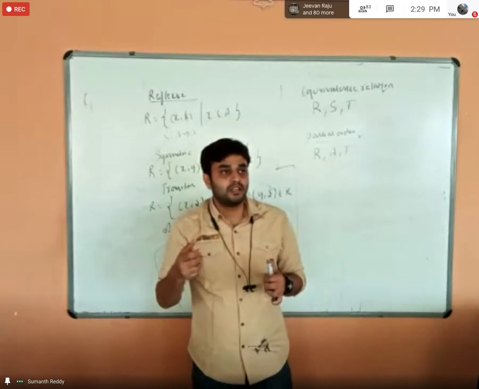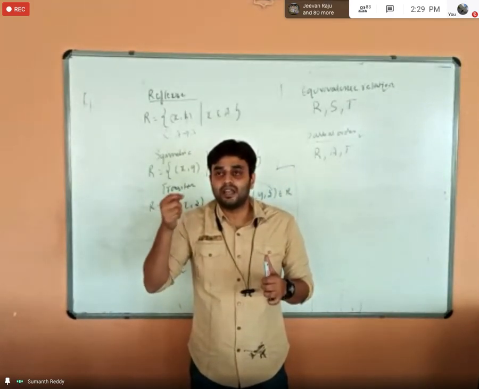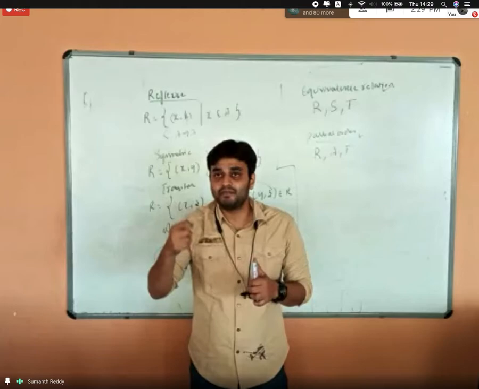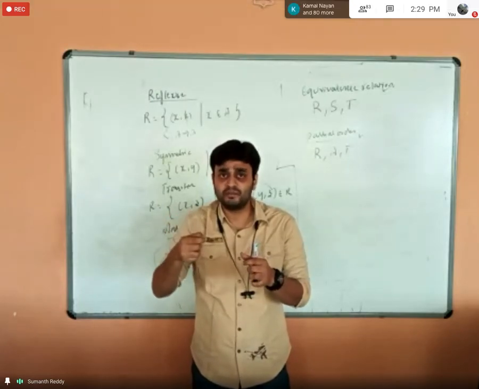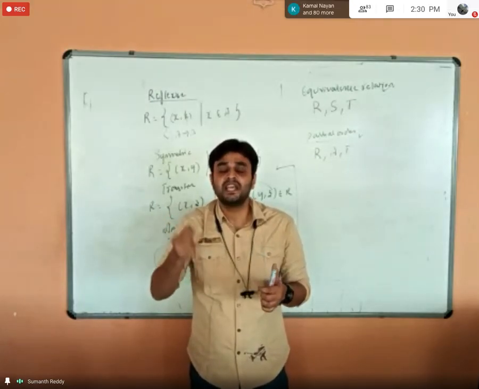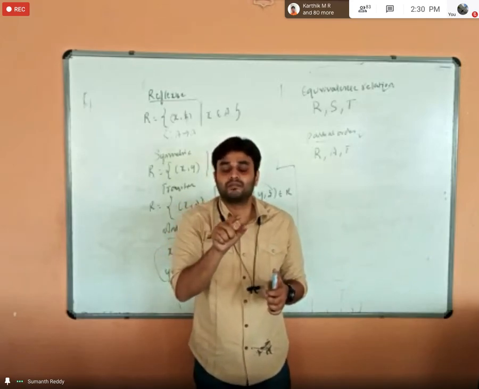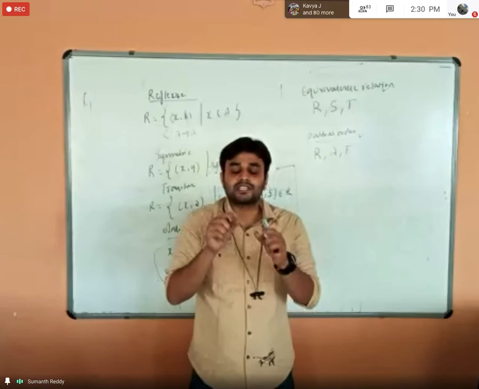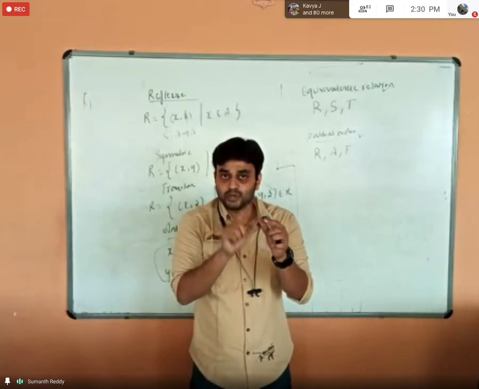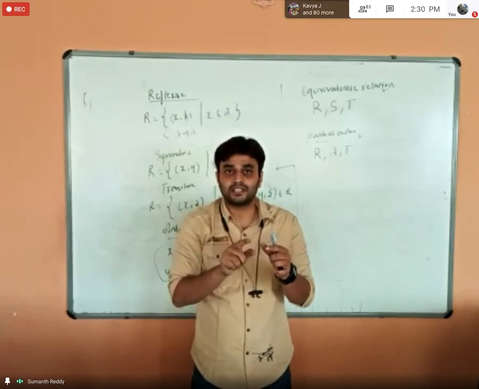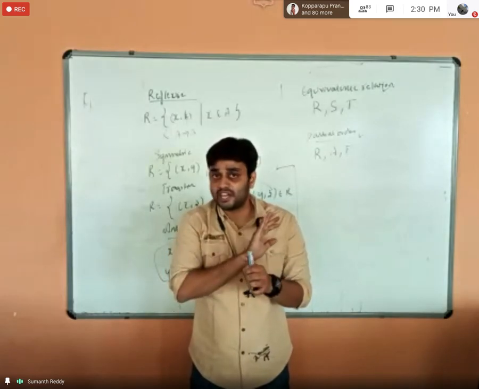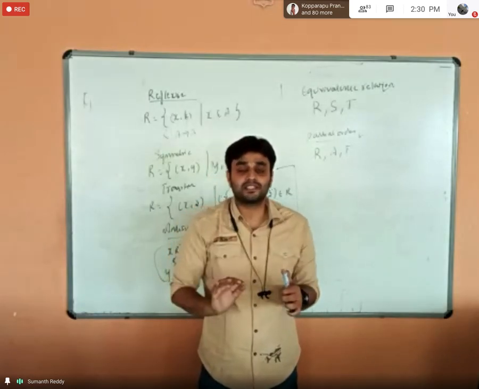In other words, we don't have every element related to itself, but we have a few elements which are related to itself. In that case, it is not called reflexive, rather it is called not reflexive. I repeat, if at least one element is related to itself, then we can call it not reflexive. If none of the elements are related to itself, then it is called irreflexive.